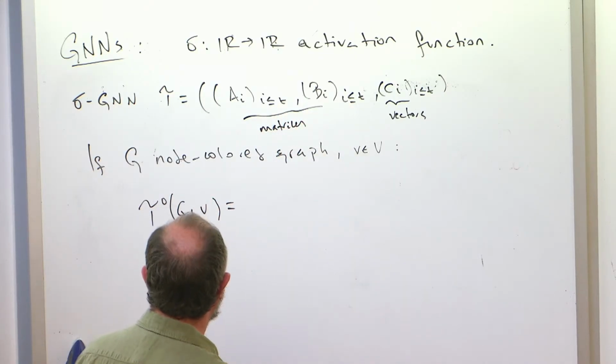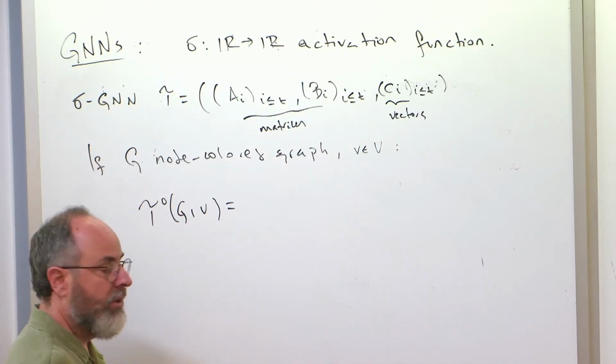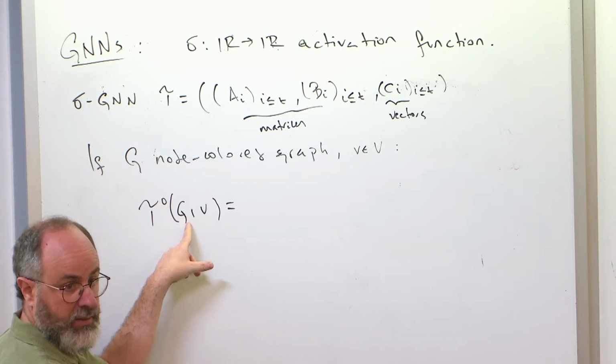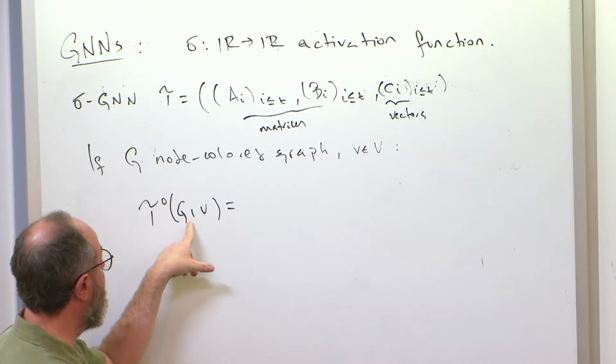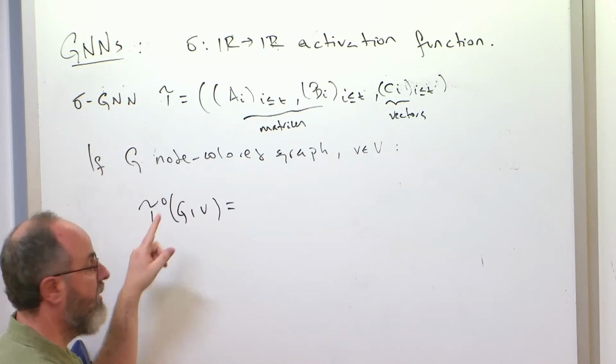Yes? So if G is a node-colored graph and v is a node, we are going to inductively define an embedding for the node v in G with respect to this GNN.